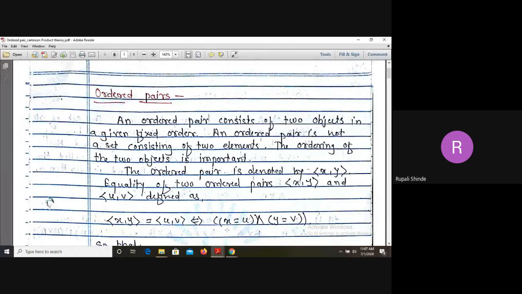Sorry for the disturbance. So here we will see the concept of ordered pair. Pair means it will consist of two elements and those two elements will be in a fixed order.